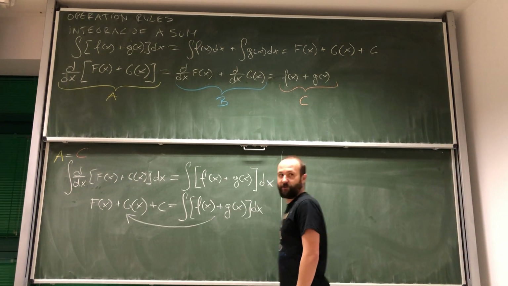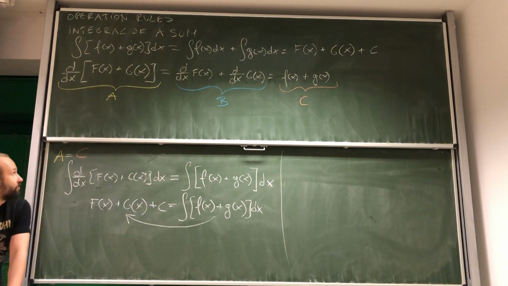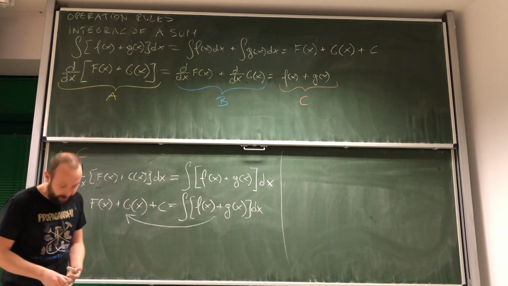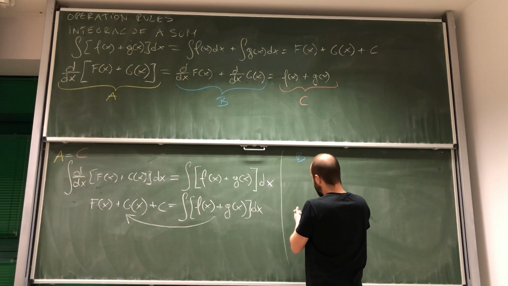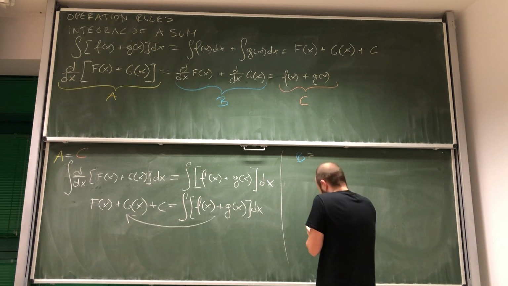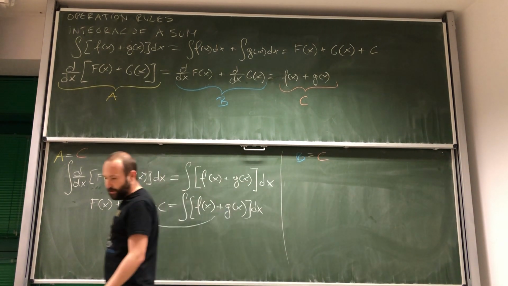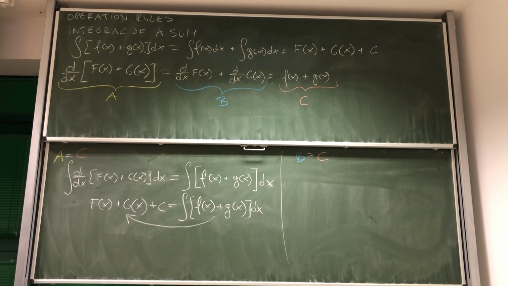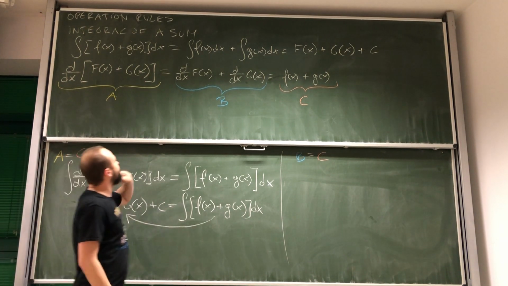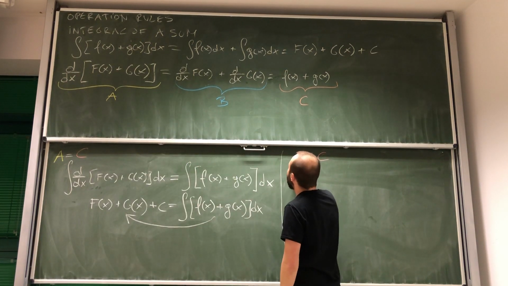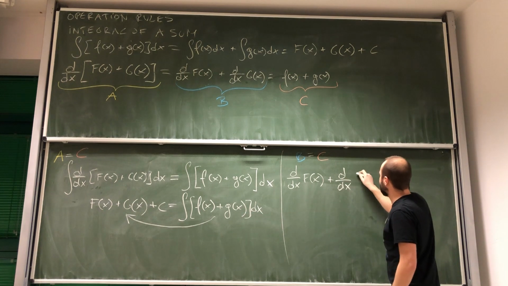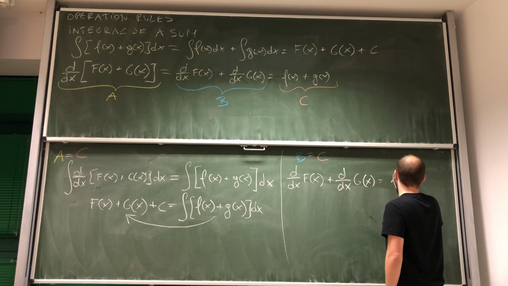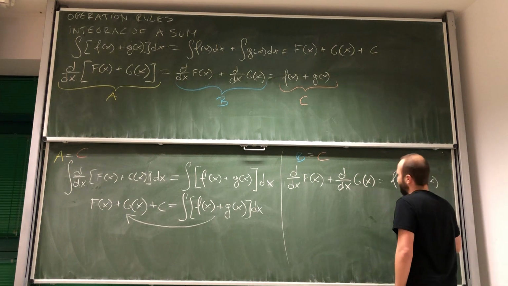But let's go one step further. Now we're going to use the fact that B is equal to C. Okay, what do we get from this? Here we've got d/dx of F of x plus d/dx of G of x equals f of x plus g of x.